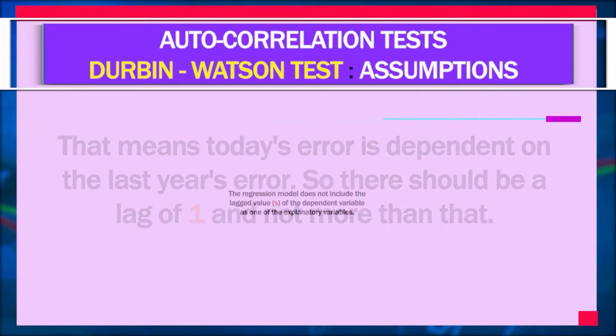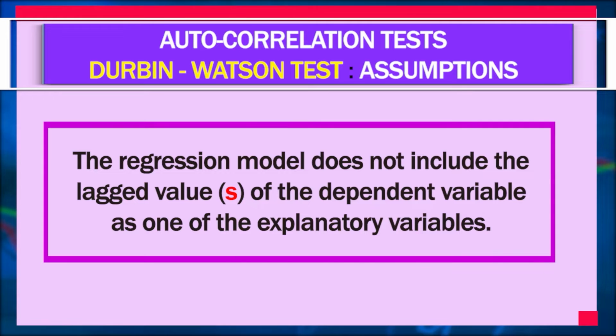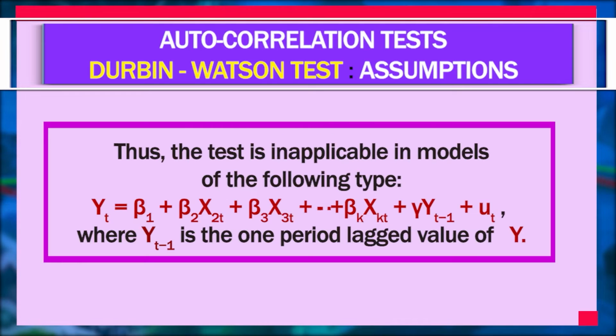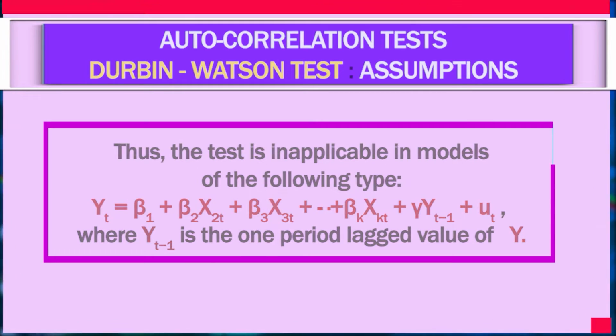The regression model should not include a lagged value of the dependent variable as an explanatory variable, that is, it should not include yt minus 1. If yt is a function of yt minus 1, then yt minus 1 is a lagged dependent variable. In that case, an endogeneity problem arises and Durbin-Watson cannot be applied.